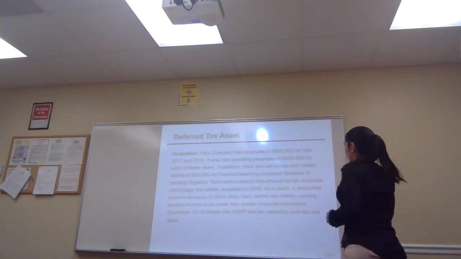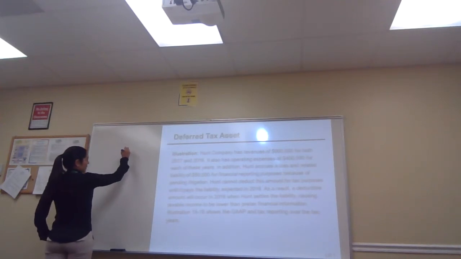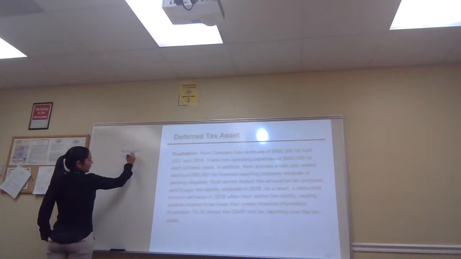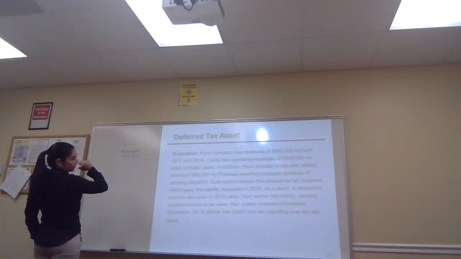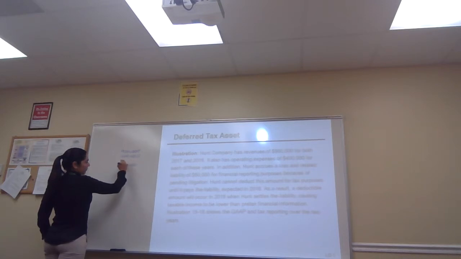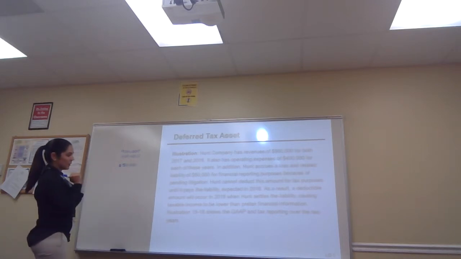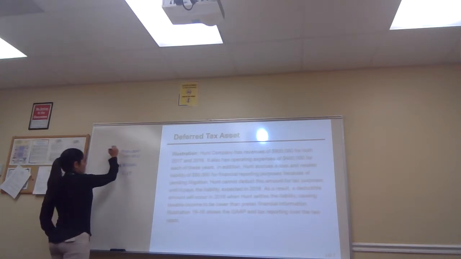So, write the numbers here. 900. And then $50,000. It's deductible in 2018, and this is for 2017 and 2018.